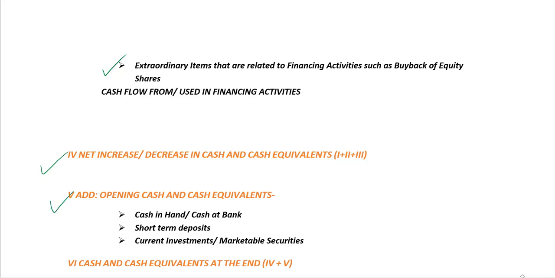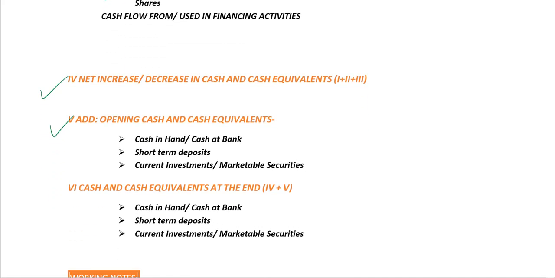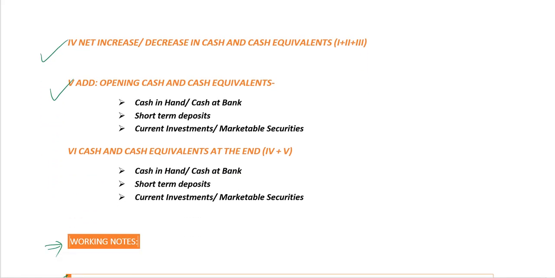To this, if we add the opening cash and cash equivalents, we earlier learned the items which come under this head: cash and cash equivalents, cash in hand, cash at bank, very short-term deposits or current investments or marketable securities. So all these, the opening balance of this, if we add, we will arrive at the cash and cash equivalents in the end of the year.